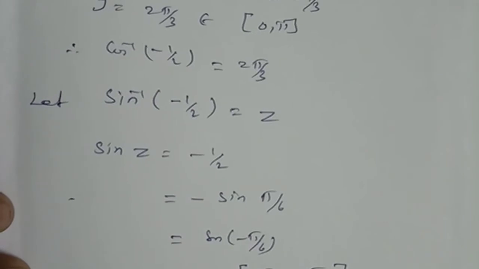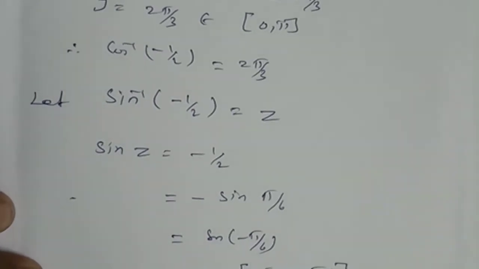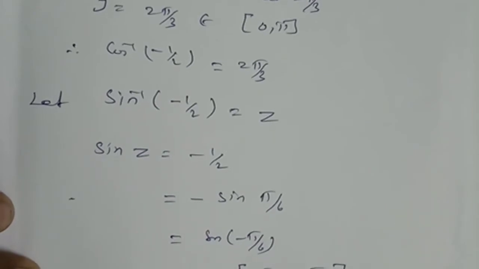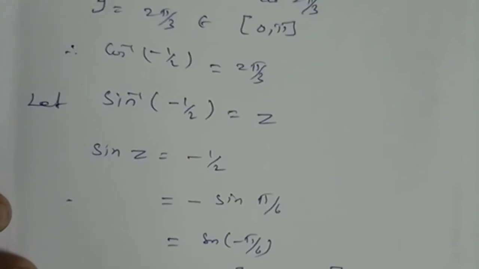Now add all the values. Tan inverse of 1 plus cos inverse of minus 1 by 2 plus sin inverse of minus 1 by 2 is equal to pi by 4 plus 2 pi by 3 plus minus pi by 6. Take the LCM and solve.